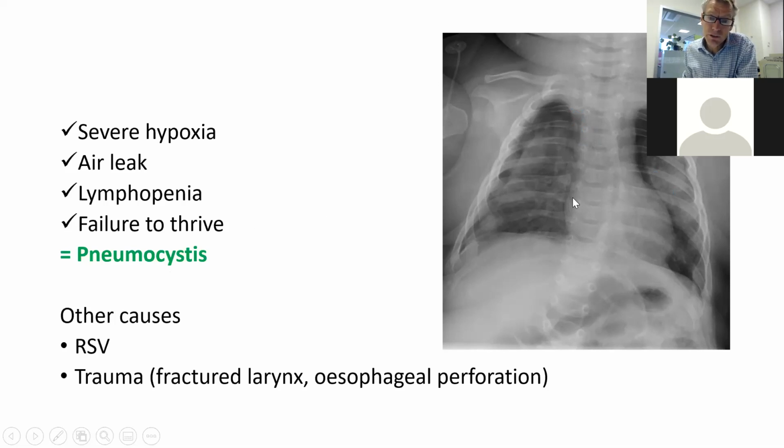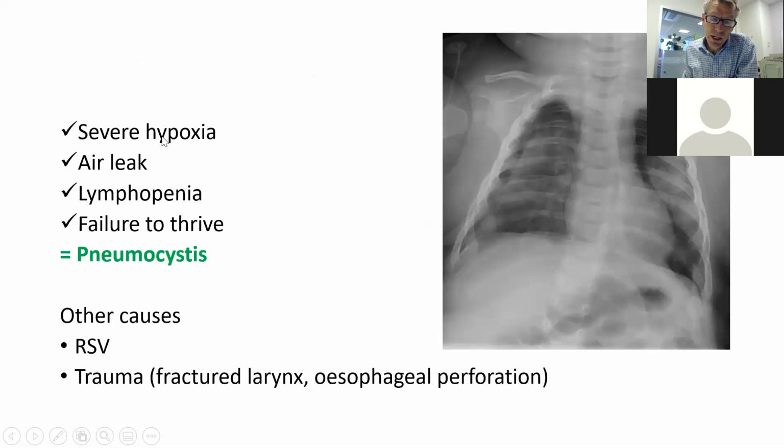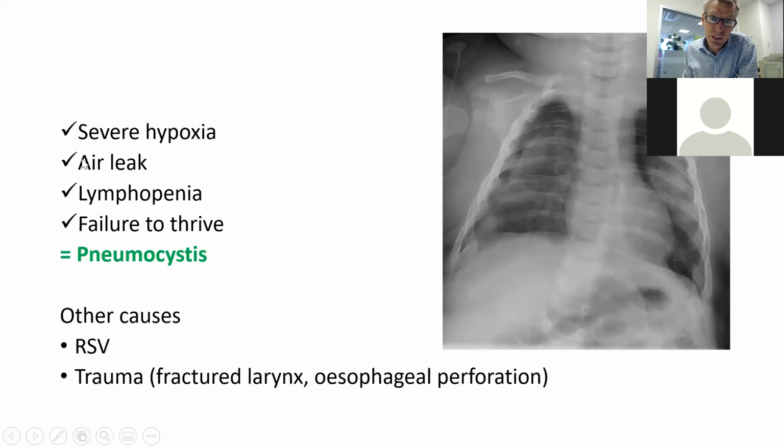And this child and the one I showed you before have the same problem. And I want you to be able to recognize it, because if you see a child who's got severe hypoxia, remember the child's saturations were 65 to 70, and you see an air leak of any sort, whether it's a pneumomediastinum or subcutaneous emphysema or a pneumothorax.